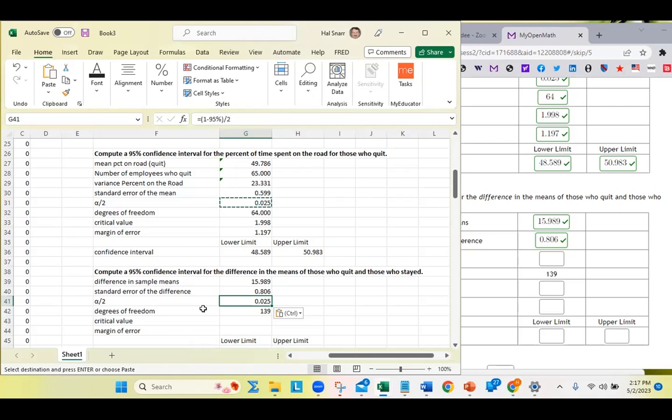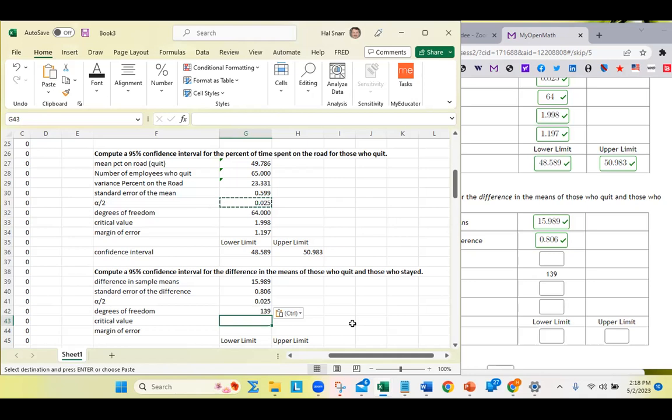Now I gave you the degrees of freedom. What are your degrees of freedom? 136. Okay. There's a very complicated formula for the degrees of freedom when you're talking about the difference in means, and we're not going to deal with that, because a computer will give you that.